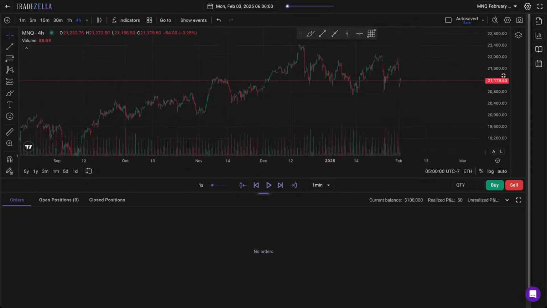So 4 ticks would have been a point, or a dollar. And that would be a $20 move, and that's all per contract. That's how we were trading NQ.